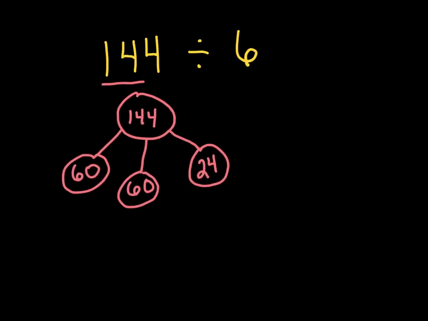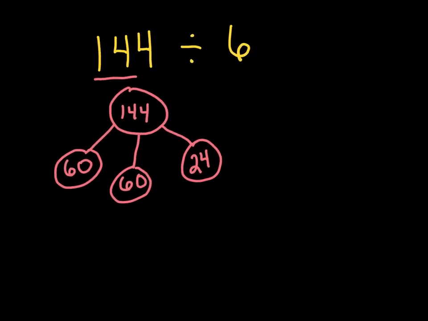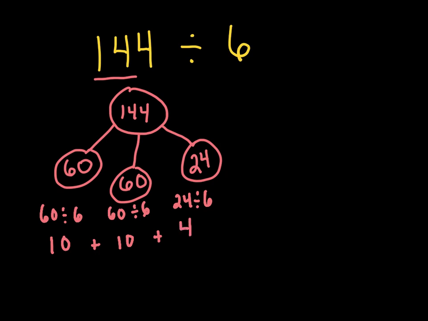So now this can go in really nicely, because we could say 60 divided by 6 would give us 10. And 24 divided by 6 would give us 4. And so our quotient, 10 plus 4, is 14.